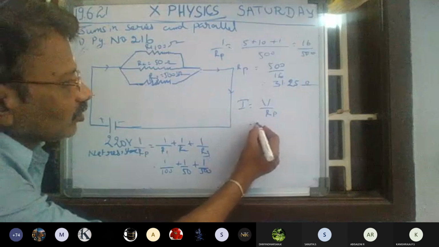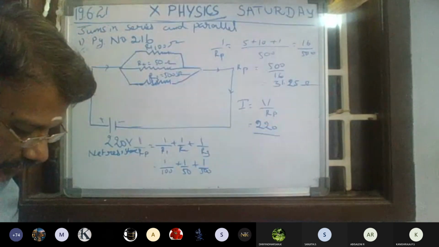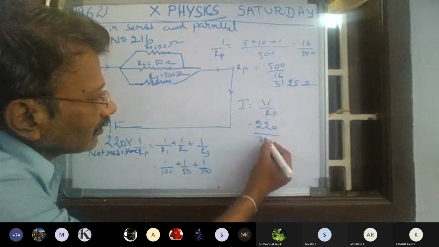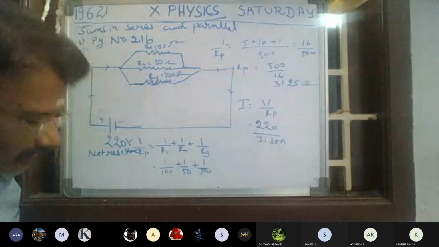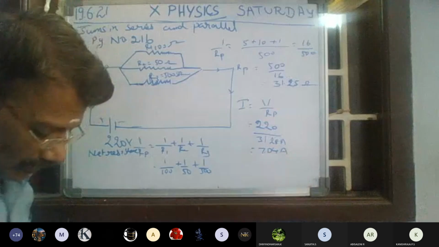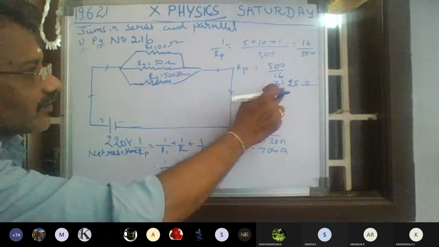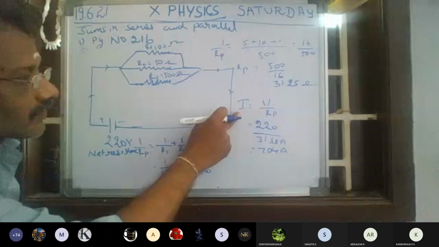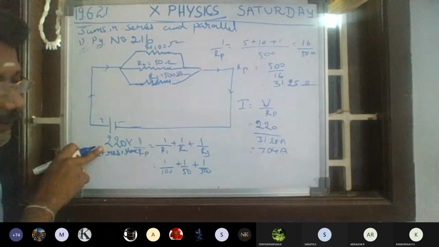The value of V is 220. We have found Rp is equal to 31.25 ohms. Now you divide this and you get approximately 1.04 amperes. So by finding the total resistance of the circuit, we find the value of current using the formula I is equal to V by R, where V is 220 volts across the battery.